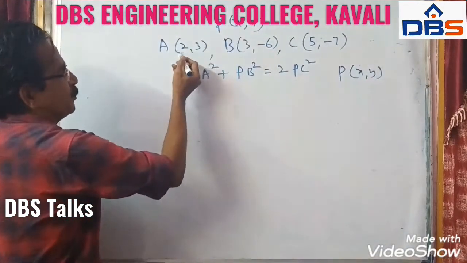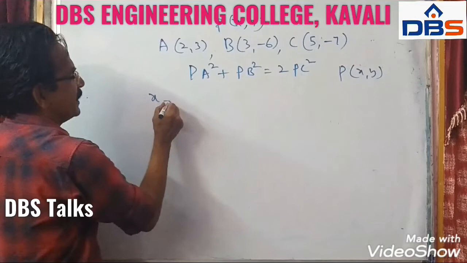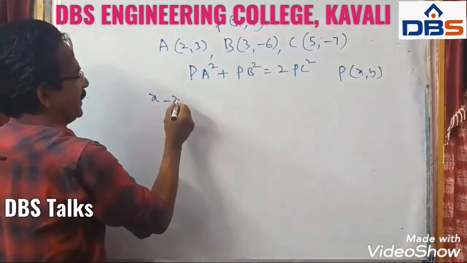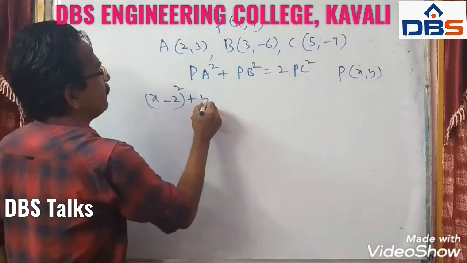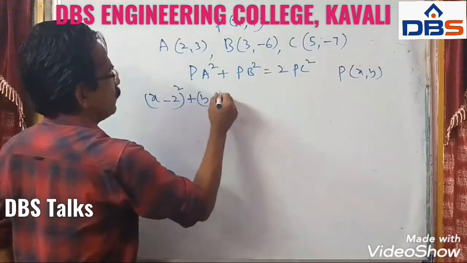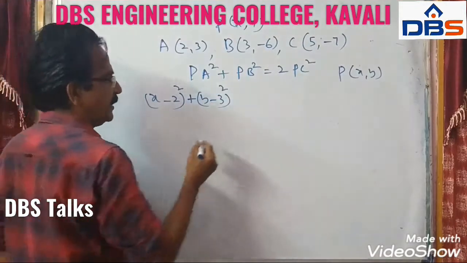See friends, distance between P and A, PA square, is (x minus 2) whole square plus (y minus 3) whole square.